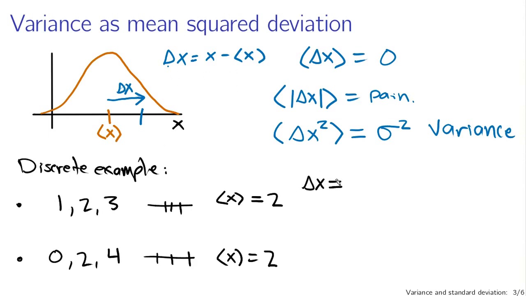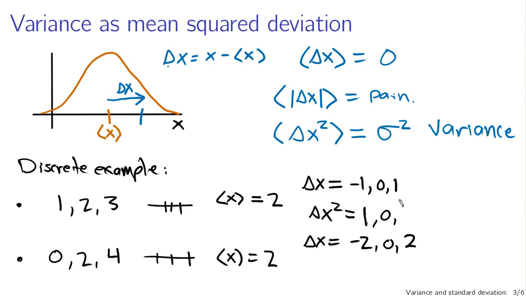So let's say delta x here is going to be -1, 0, and 1 are the possible deviations from the mean for this probability distribution, whereas in this case it's -2, 0, and 2. Then we can calculate the delta x squareds that are possible, and you get 1, 0, and 1 for this distribution, and 4, 0, and 4 for this distribution.